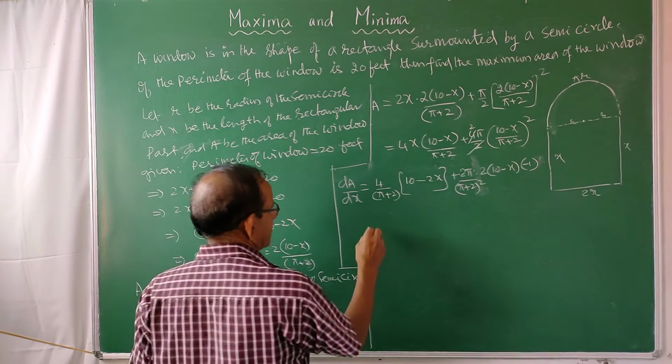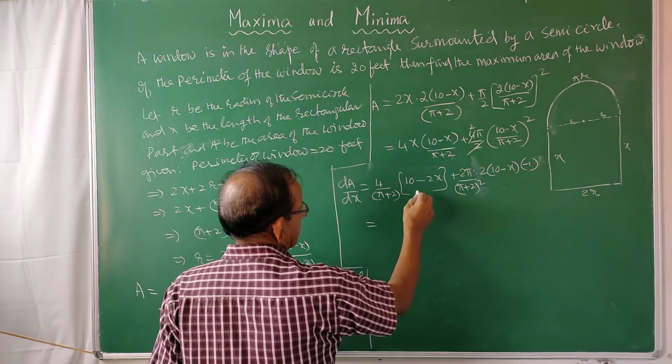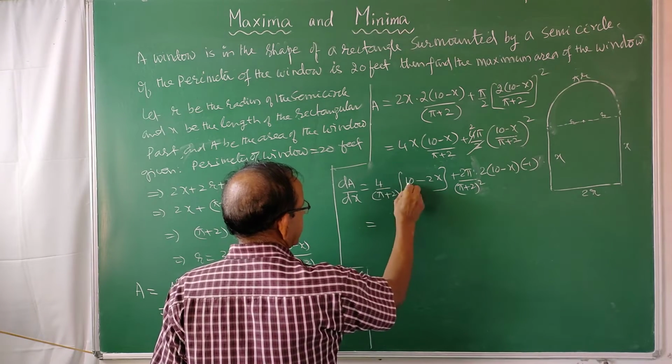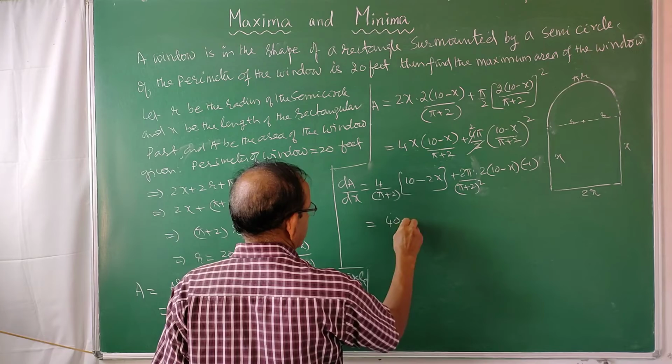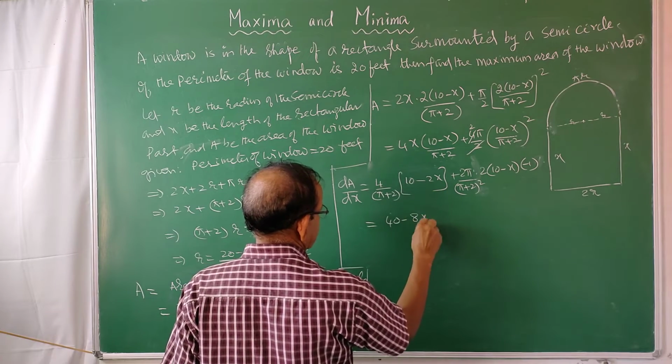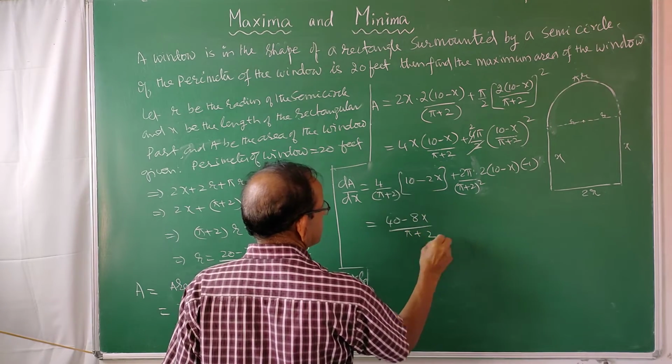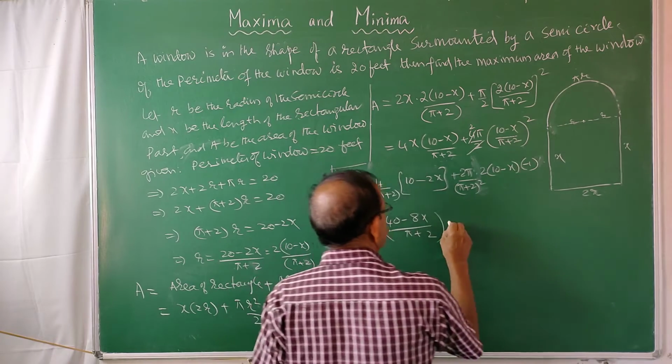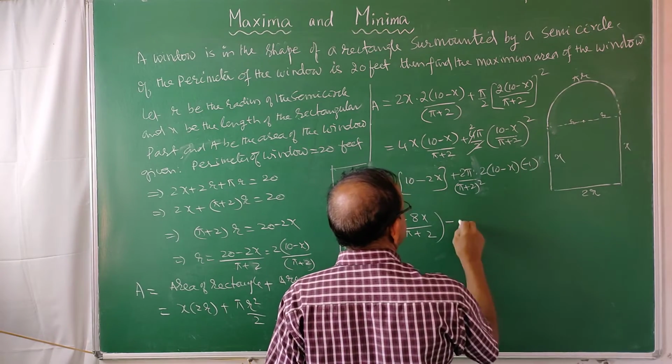So it is equal to 40 minus 8x by (pi plus 2). This will become minus because there is minus 1 here.